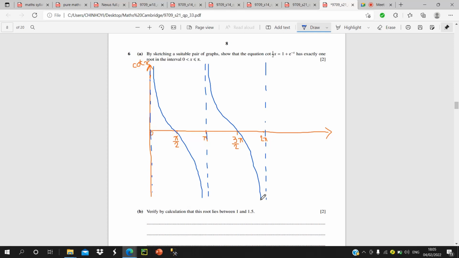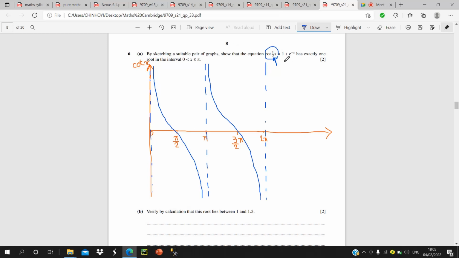Okay, we will look at transformations together, but if you want to sketch this graph of cot half x, this one is a stretch of cot x, right? Yes.